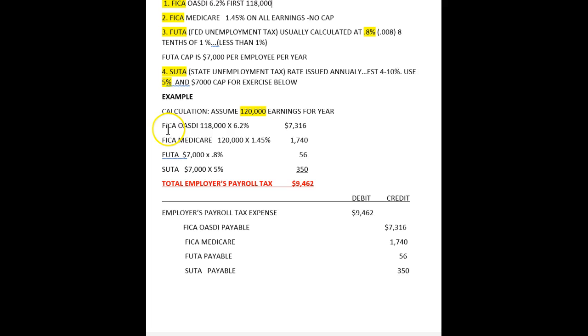So tax one is the FICA OASDI at 6.2% of the first $118,000, which I hit the cap. That's 7,316. The FICA Medicare is uncapped, so all $120,000 is taxed, so that $2,000 beyond the 118 does not escape the FICA Medicare tax, and the calculation comes out to 1,740.